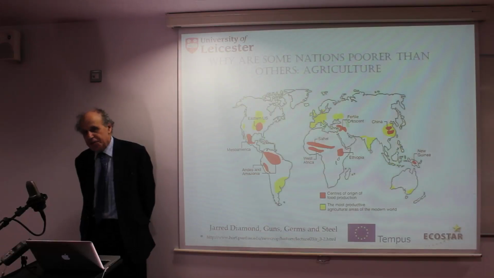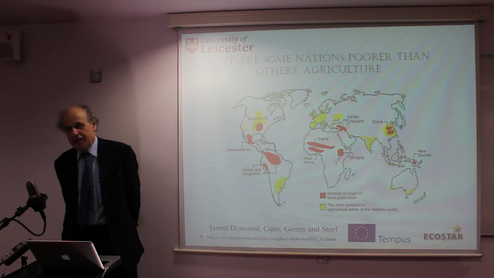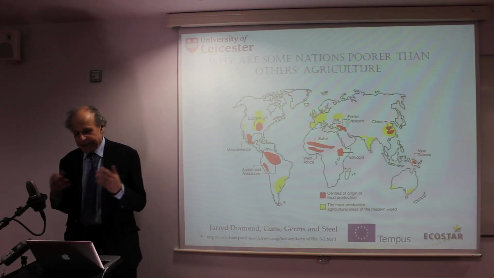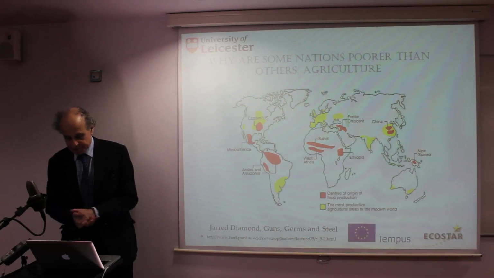Here's one explanation by Jared Diamond of why some countries are poorer than others. And it's part of what's called geographical determinism. In other words, that our history depends upon our geography.